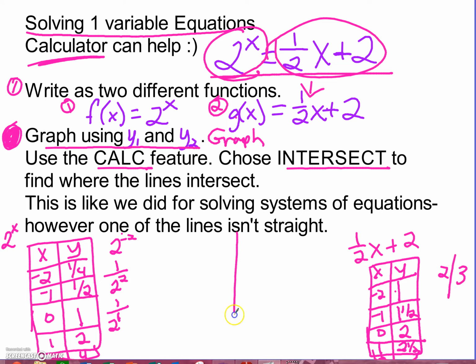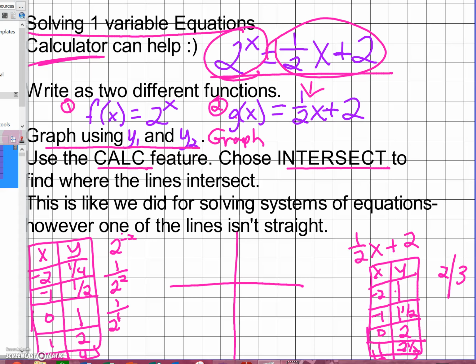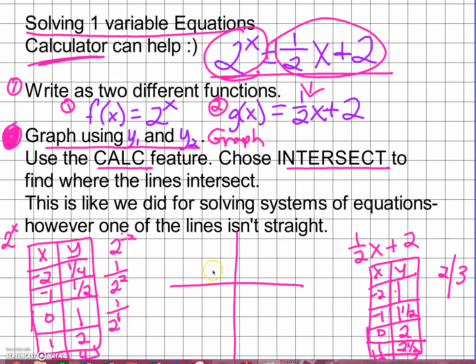Then what I would do with my chart is graph this equation, and then graph this equation. Now, you're going to get more precise on the calculator, of course, but let me add some graph paper down here. So we're going to go -2, and then up to a fourth.